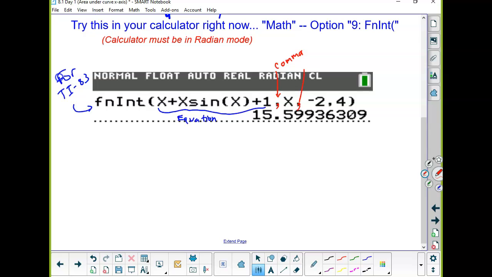And then there's another comma. And then the last two pieces are the bounds. So you're going to type in your lower bound, comma, and then your upper bound.